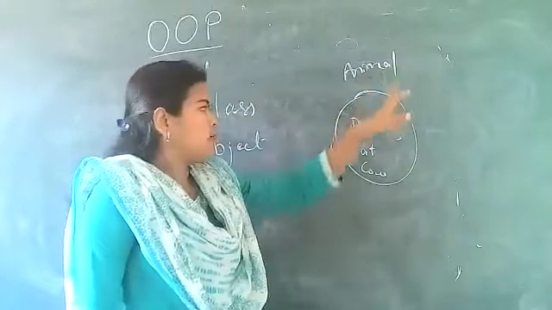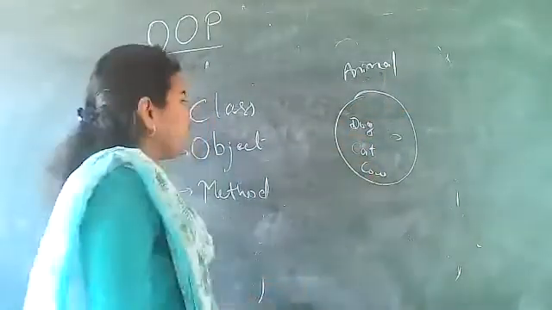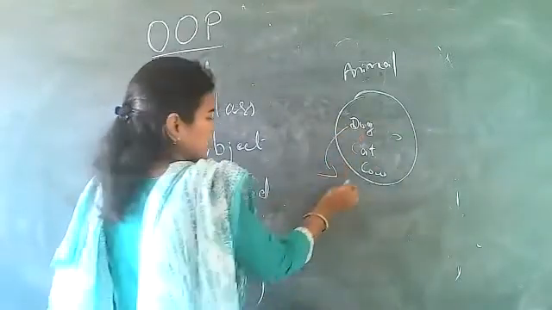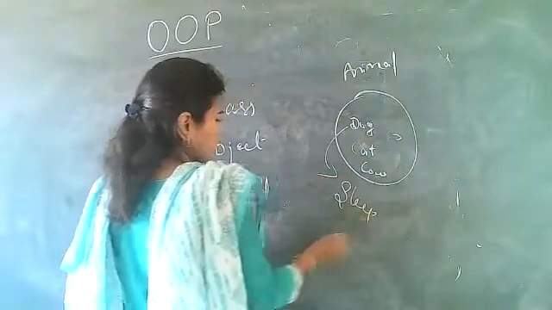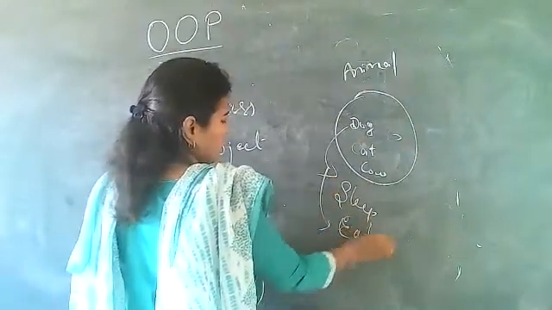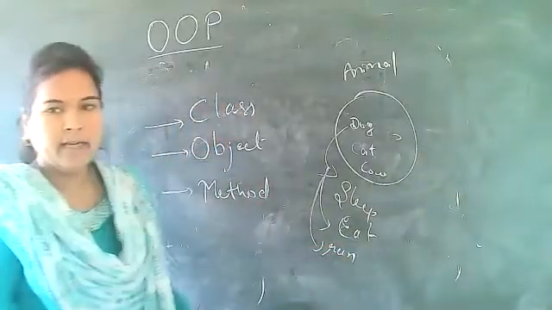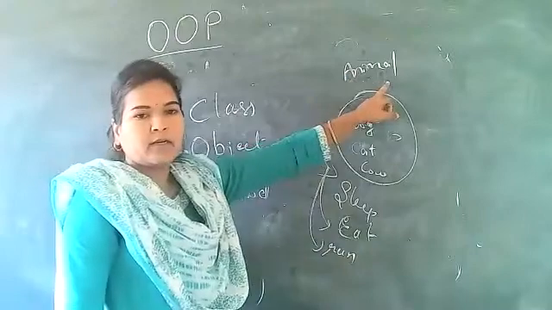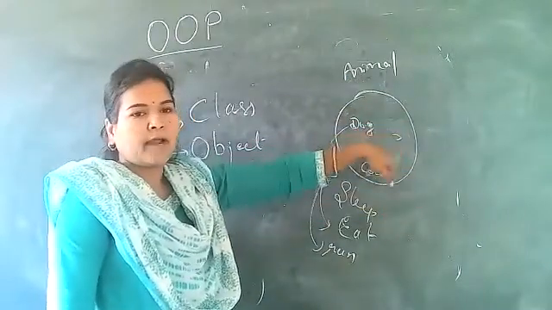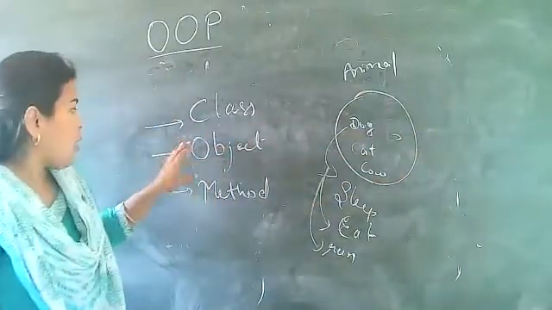So here, what are the animals? Dog, cat, cow. Okay, what will an animal do? Dog will sleep. Dog will eat. Dog will run. Okay. What are animals? It is a group of dog, cat, whatever, called animals. So, listen now.